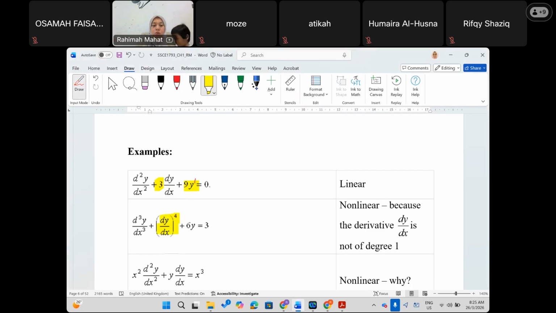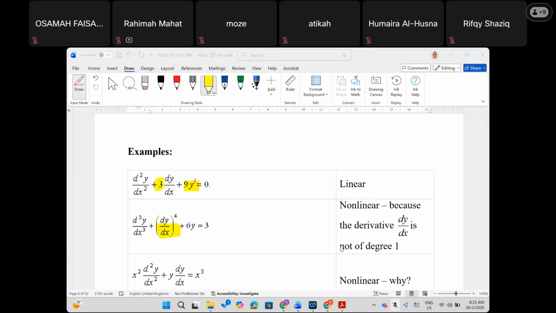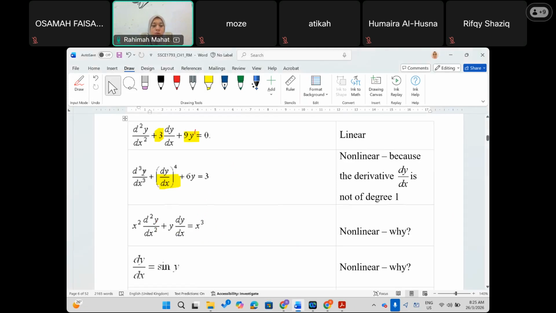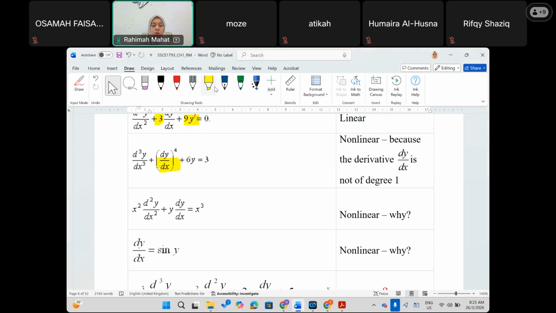And then this one is also non-linear because you have the power of square and the cube.